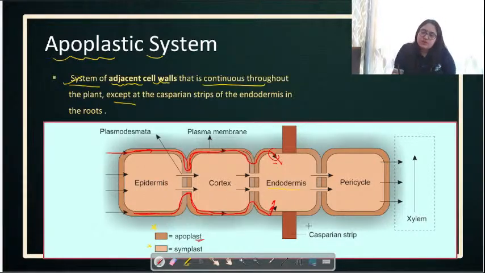So it is because of the presence of this Casparian strip that the apoplast pathway is discontinuous. It has to enter into the endodermis in order to reach the root xylem. So this is what apoplast system means.